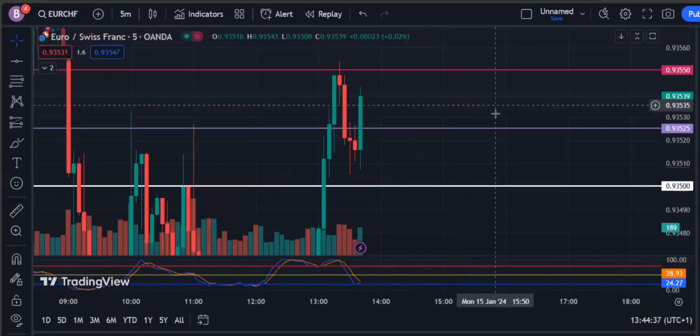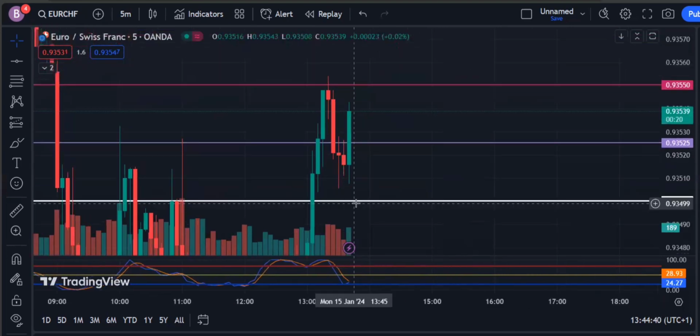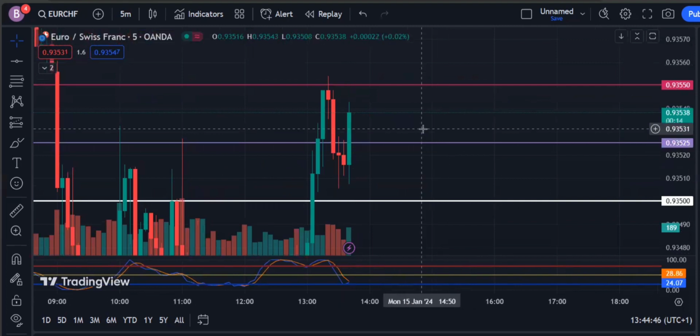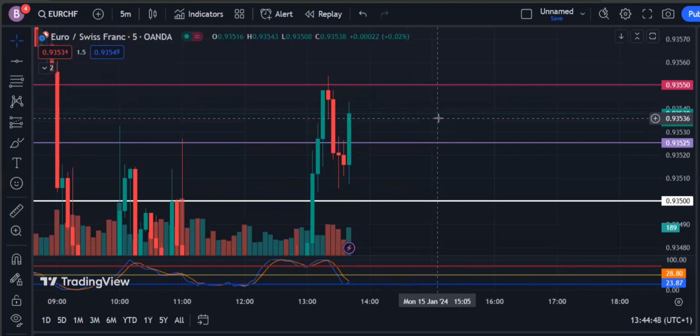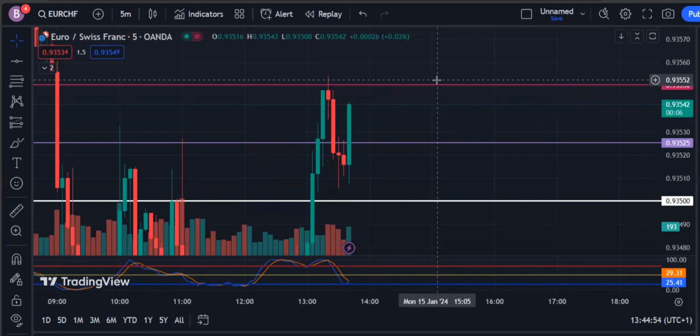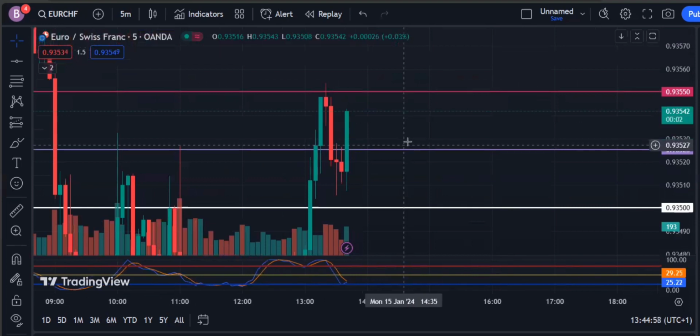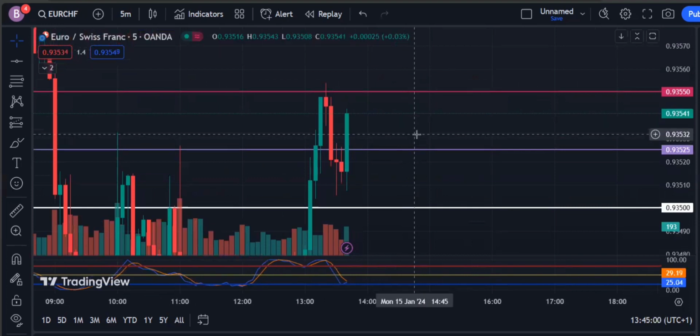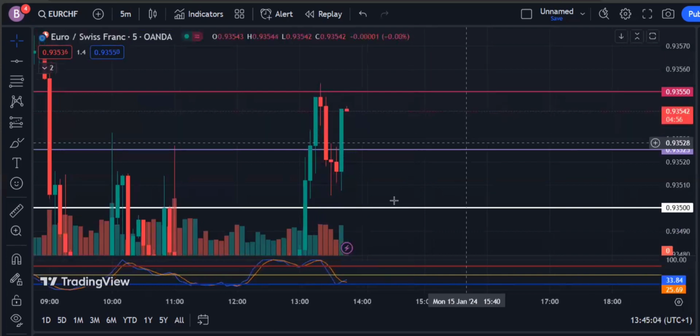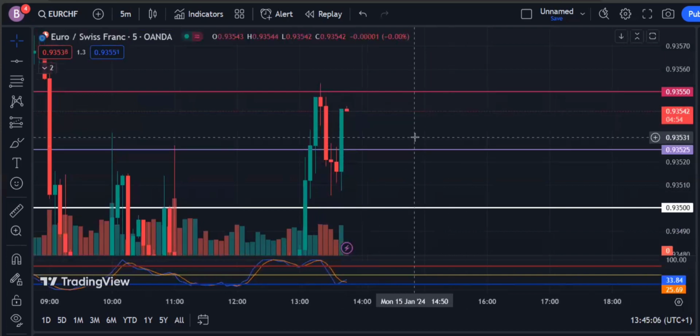Remember that the goal here is dividing or simplifying the 100 pip area, or 100 pip range, into 4 equal units, and that is what we are committed to doing. So we have been able so far to subdivide or simplify these levels into 2.